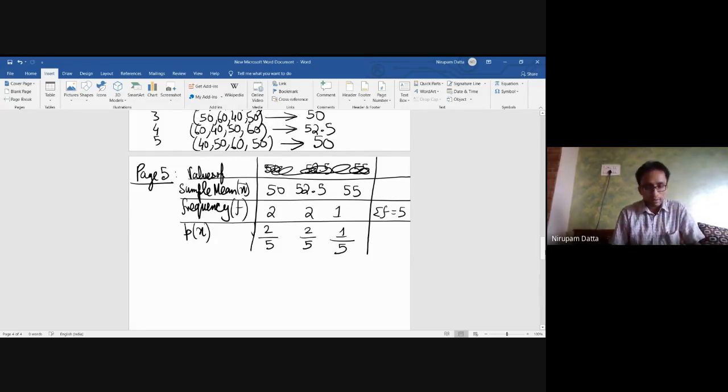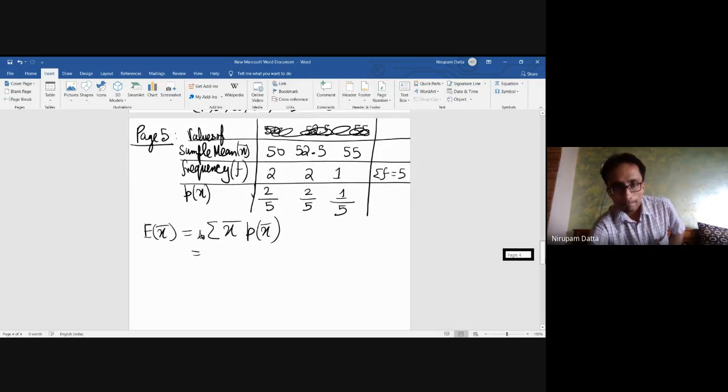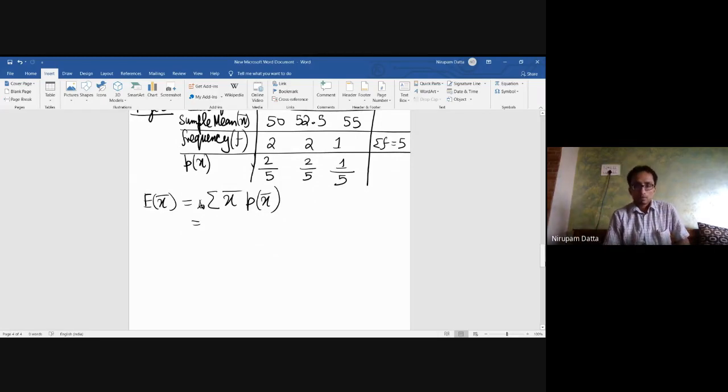So now you have to calculate the expected value of the sample mean, which is nothing but summation x bar into p of x bar. So what do we get? 50 into 2 by 5 plus 52.5 into 2 by 5 plus 55 into 1 by 5.